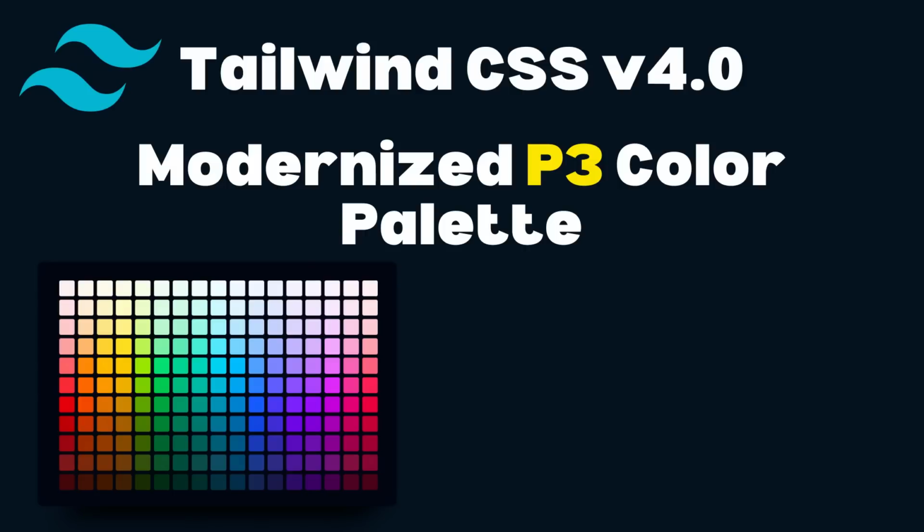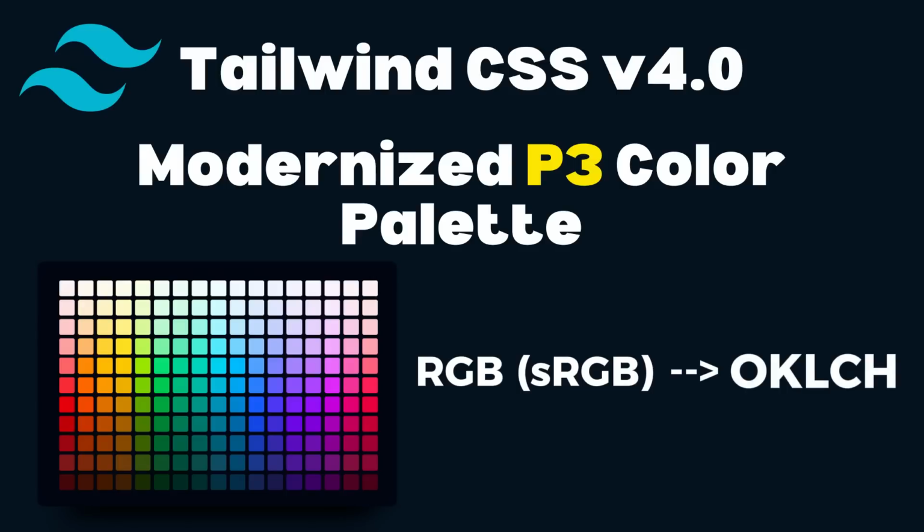This palette moves from the traditional RGB or sRGB color spaces to OKLCH, a perceptual color space that directly aligns with how humans see and interact with colors. While RGB relies on fixed combinations of red, green, and blue light, OKLCH uses parameters like lightness, chroma, and hue, which offer a more natural and harmonious color representation.